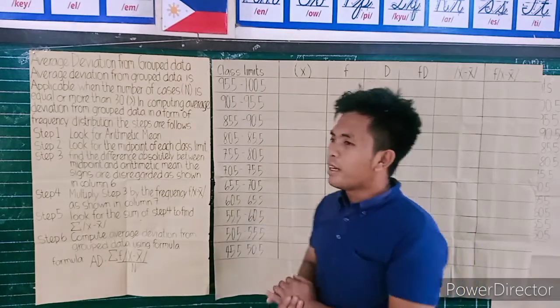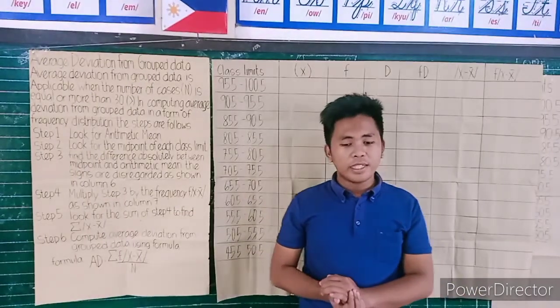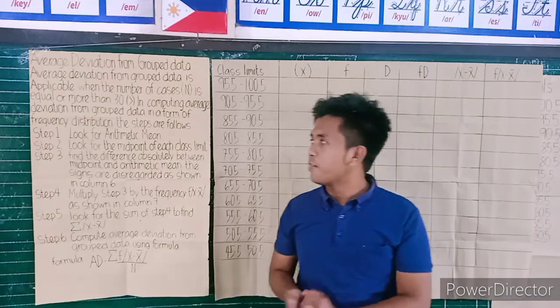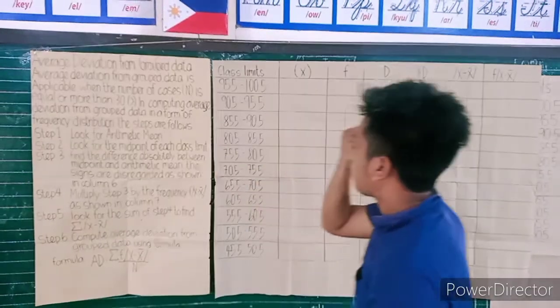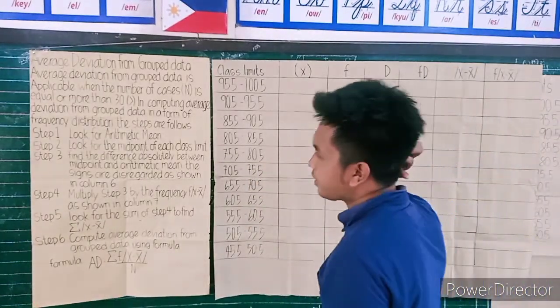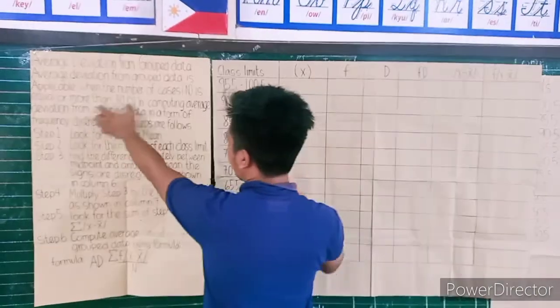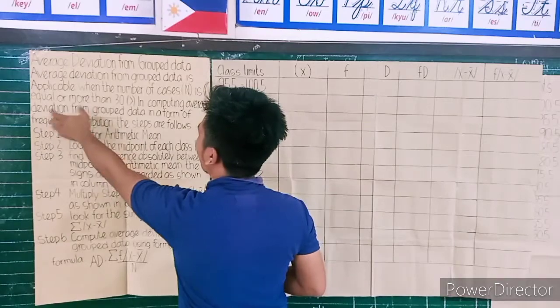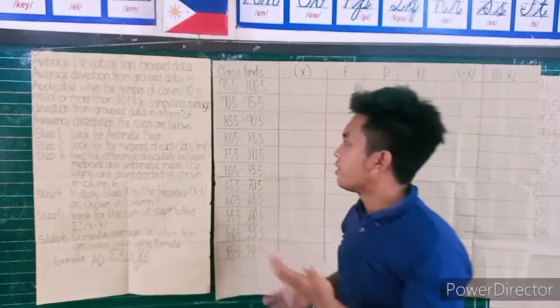Today, let us tackle group data. Let us first define average deviation from group data. It is applicable when the number of cases, or n, is equal to or more than 30, as I said earlier.